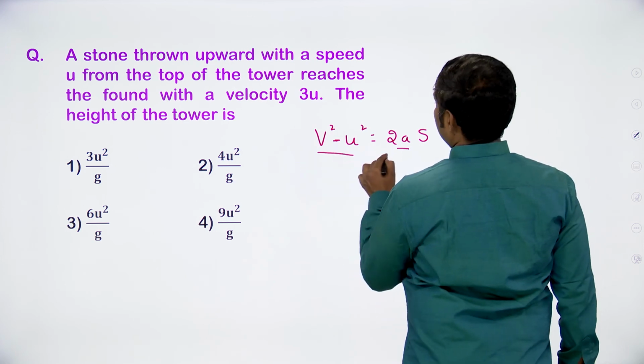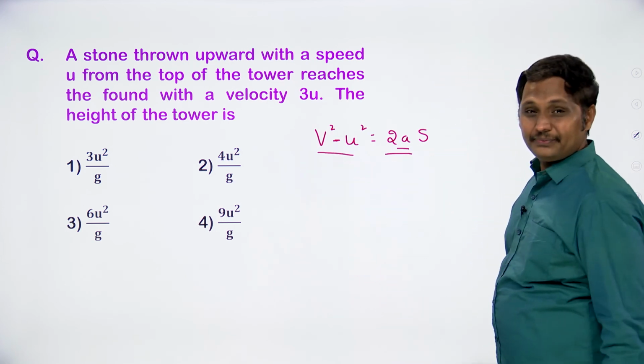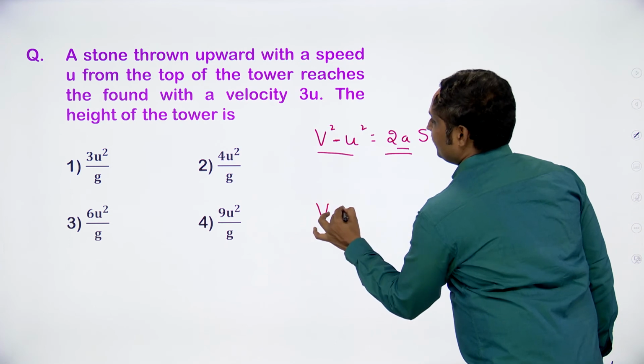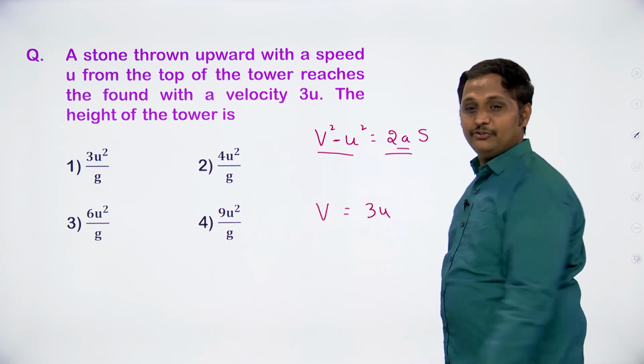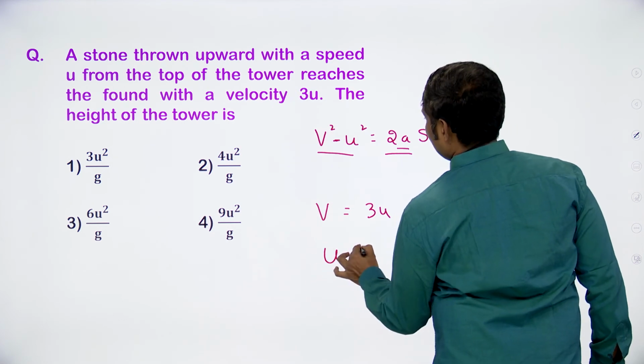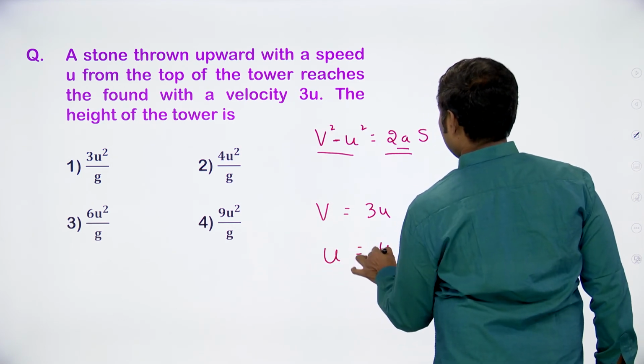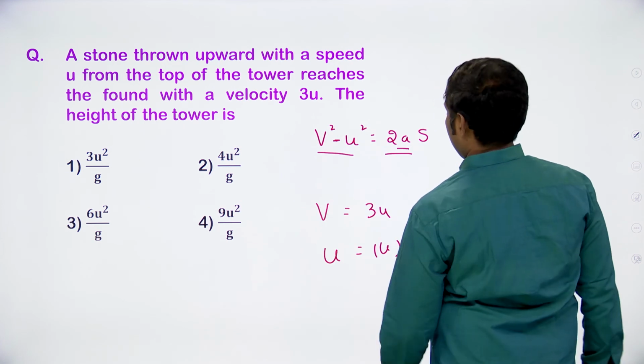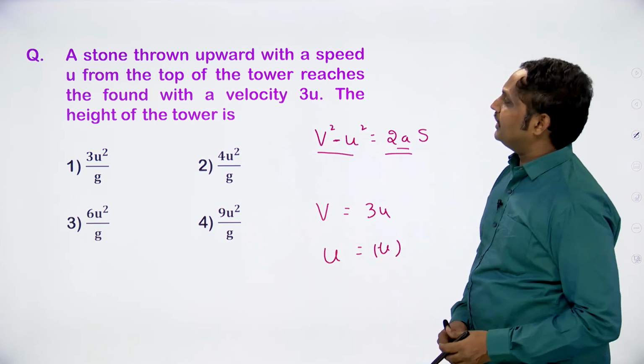So by getting that, here v is equal to 3u, let us assume, and u is equal to minus u, if it is taken that way.